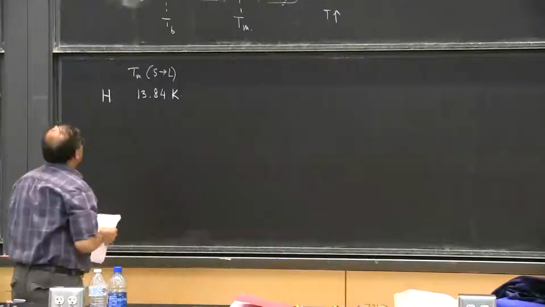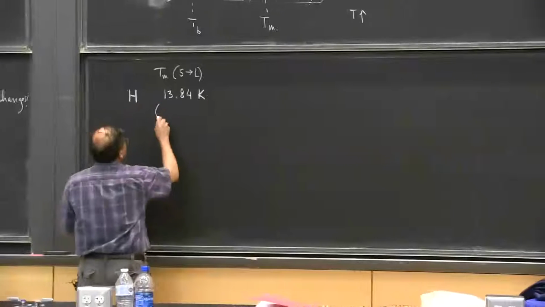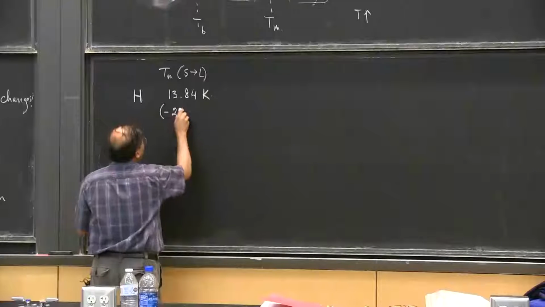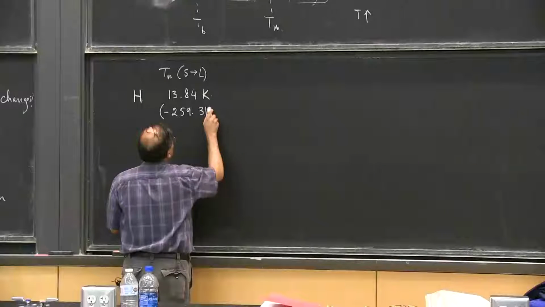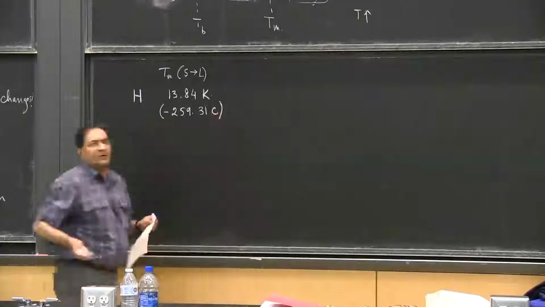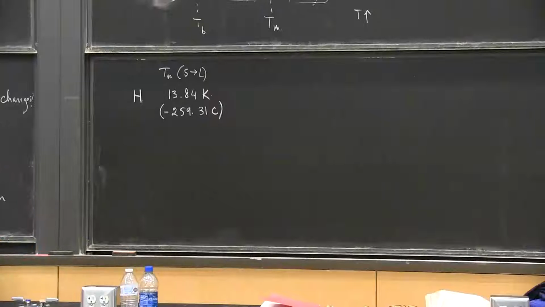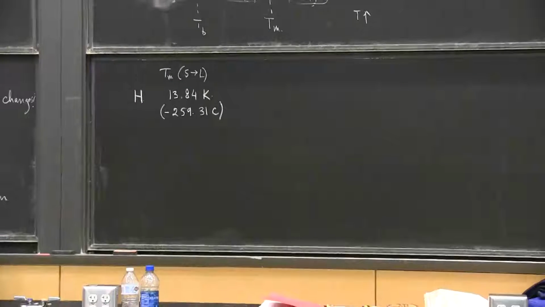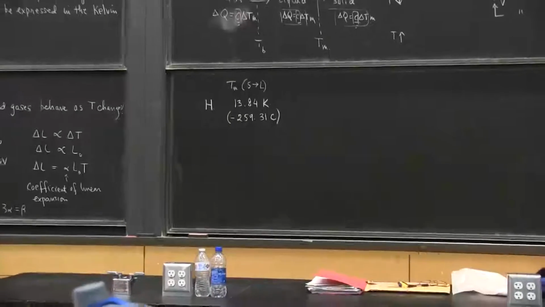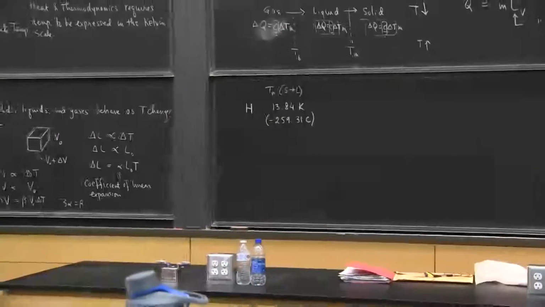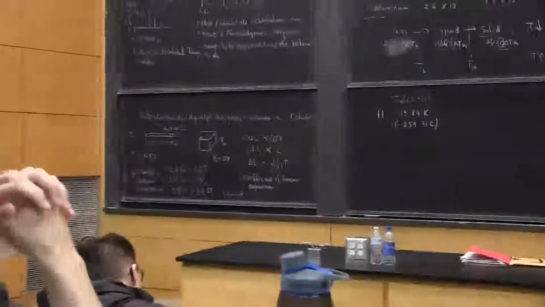So obviously at a very, very cold temperature. So this is minus 259.31 degrees Celsius. In other words, if you're outside the Earth's atmosphere where the temperature is 3 degrees Kelvin or so, and if you have hydrogen hanging around, that will become a solid block of hydrogen almost immediately.